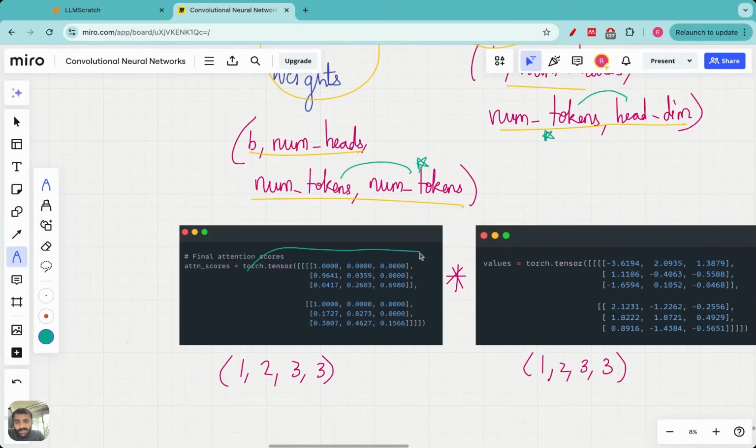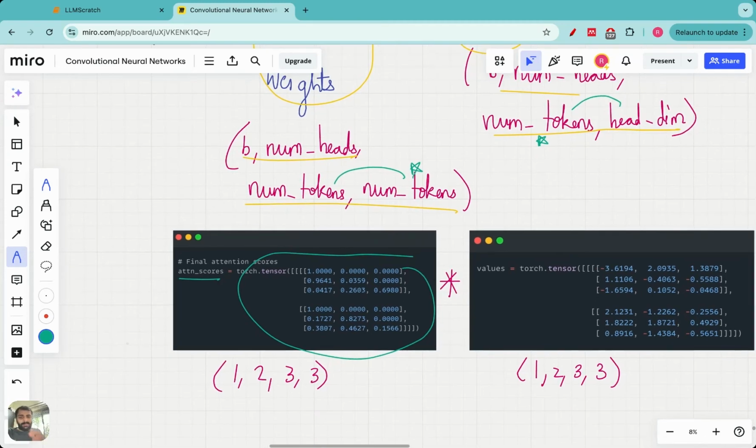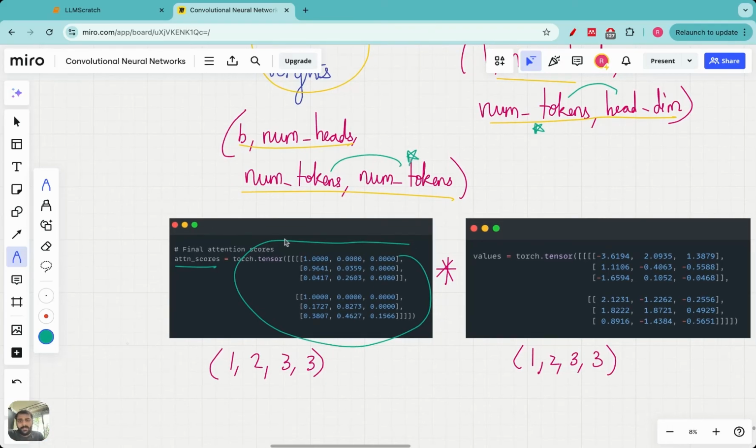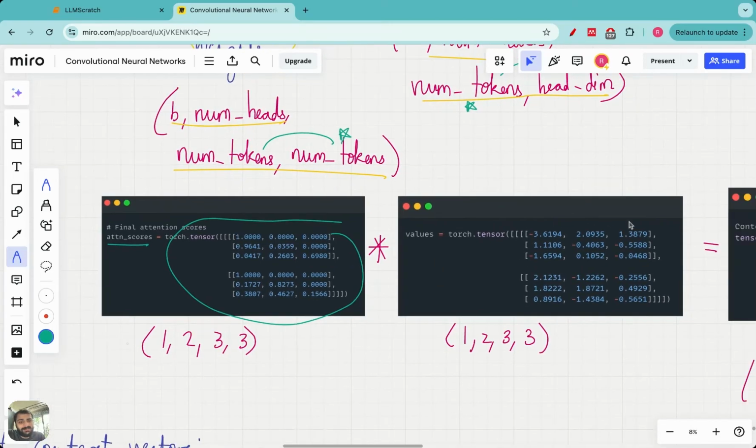This is the final attention weights matrix. Here it's mentioned attention scores, but I should have called it attention weights. Remember, there is a difference between scores and weights. In the attention weights, each row sums up to 1. That's not the case with attention scores. So this is the attention weights, and this is my values matrix.